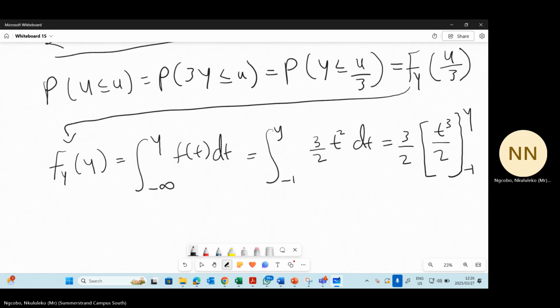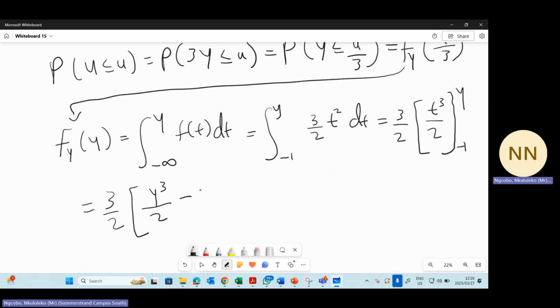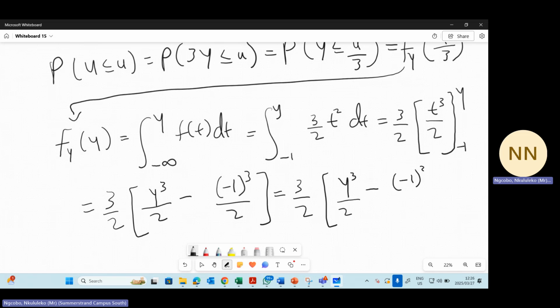To integrate there, you would have 3 over 2 into y cubed over 3 minus (-1) over 3, close brackets.